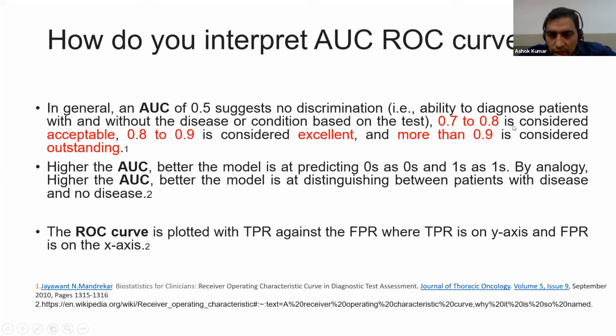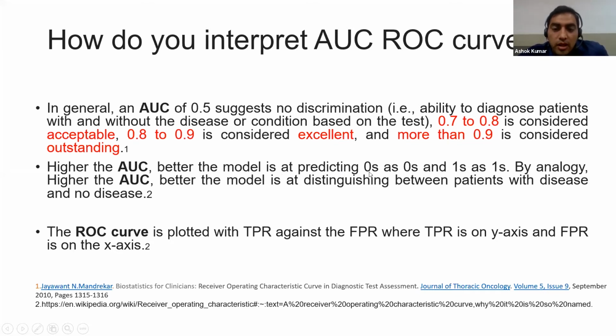0.7 to 0.8 is considered acceptable, and below 0.6 it is okay, no problem, if the 95% confidence interval does not cross 0.5, below 0.5. And 0.8 to 0.9 is considered excellent, and more than 0.9 is considered an outstanding test. The higher the AUC, the better the model is at predicting 0 as 0 and 1 as 1.